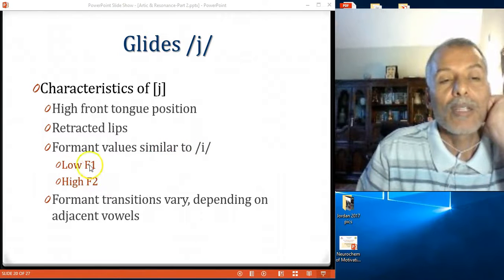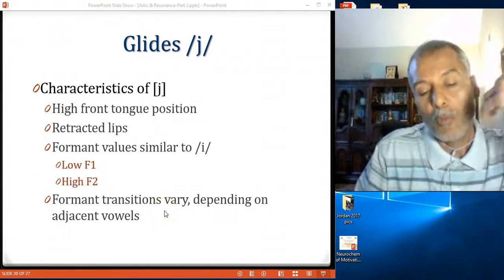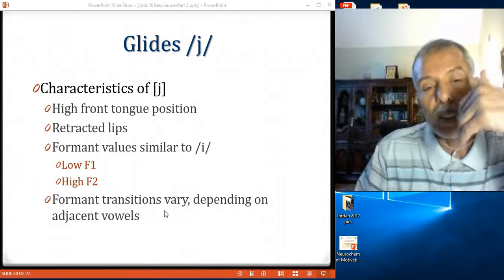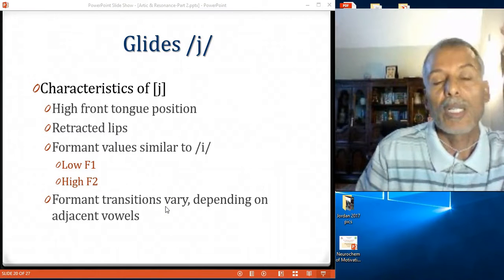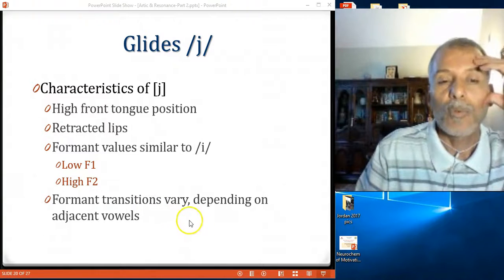So it has a low F1 and a high F2. And formant transitions, like the movement from one formant to the next, are different depending on the context and what comes before and what comes after.